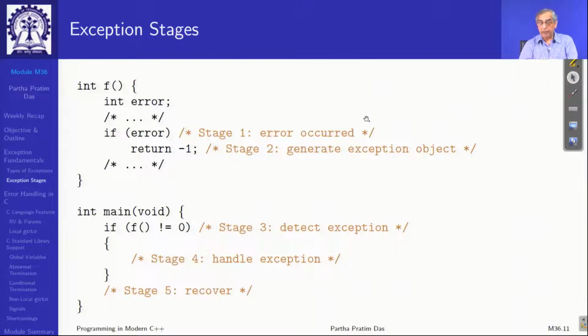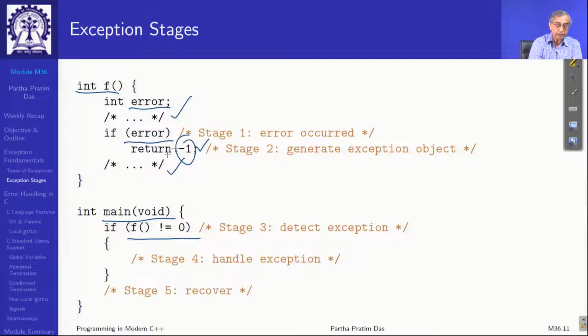I will show you a simple example. Function main calls a function f here. F has a variable internally which it checks to see if an error has happened, or sets if an error has happened. These are different function codes that go in that, and if the error has happened, then it returns -1.